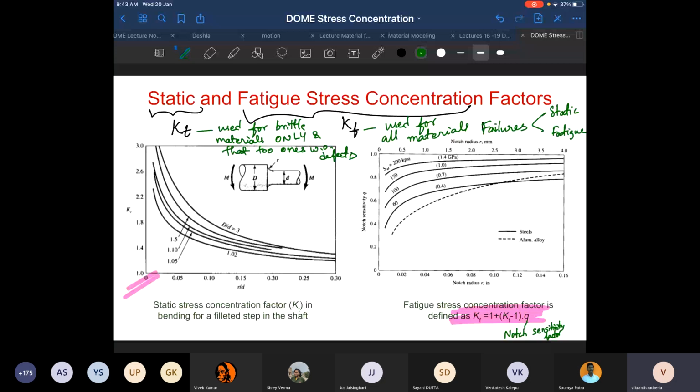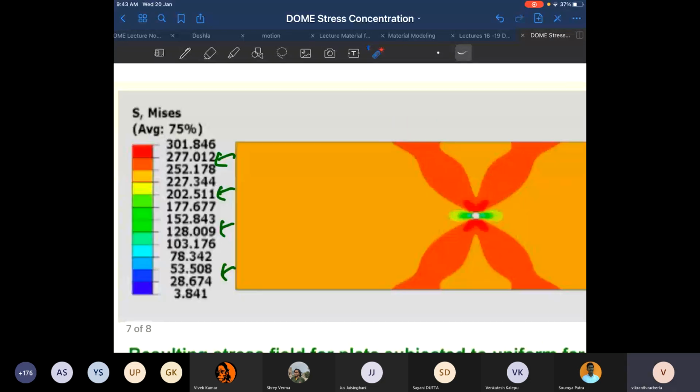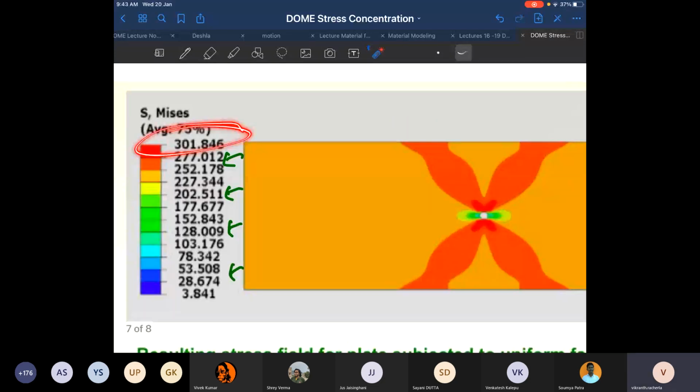So I gave you this example now. I have a sheet with a hole. I'm subjecting it to far field tension of 250 MPa. Now what will happen is, if this material has a yield strength of 300 MPa, then the maximum stress will get capped at 300 MPa.